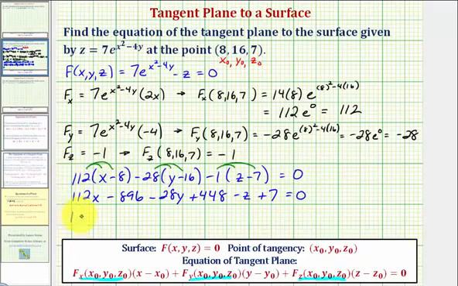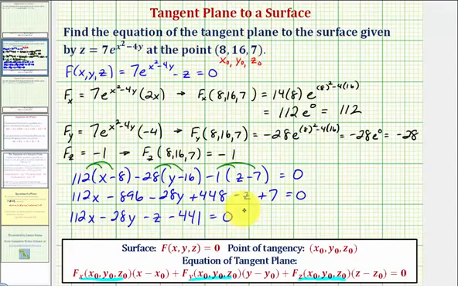Simplifying, we have 112x minus 28y minus z, and then negative 896 plus 448 plus 7 is negative 441, so minus 441 equals 0. This would be the general form of our equation.